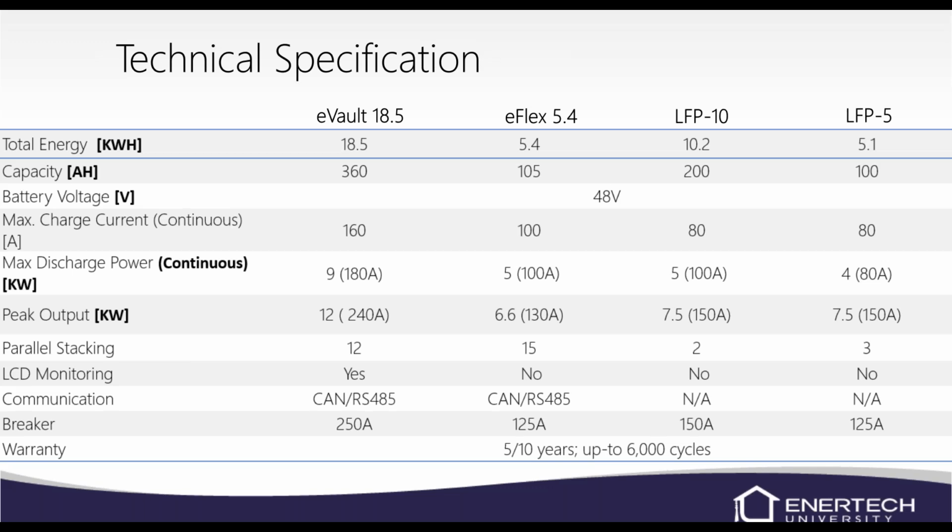When they say 6,000 cycles, we'll probably talk a little bit about this, but I just want you to know that normally it's 1 cycle a day is how they get that. So 365 cycles in a year, roughly the days in the year.